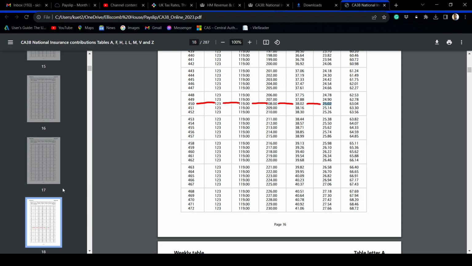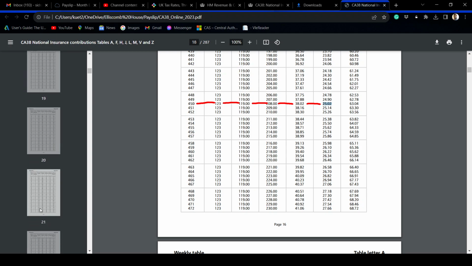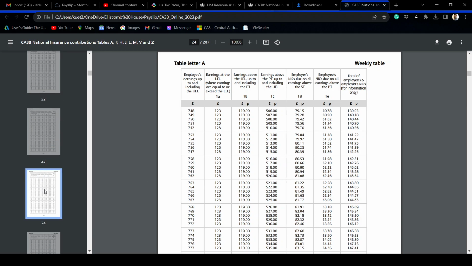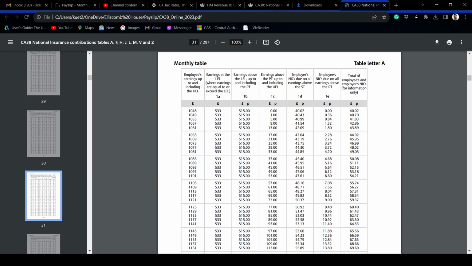Now if you are getting paid every 2 weeks, this weekly amount will still be valid for you, but if you are getting paid monthly, then you need to look at the monthly table. So these are the monthly tables, right? This is basically your salary per month.